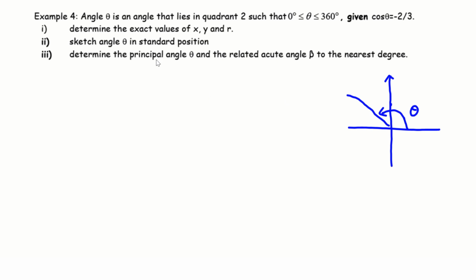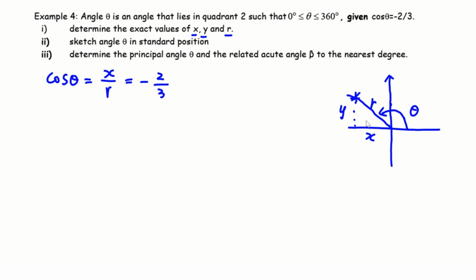So it asks you to determine the exact value of x, y, r. So this one, it's asking you for a point on the terminal arm. Then we know that this is x, this is y, this is r, and cosine equals adjacent over hypotenuse, x over r equals negative 2/3.